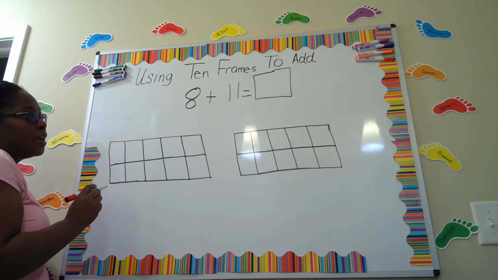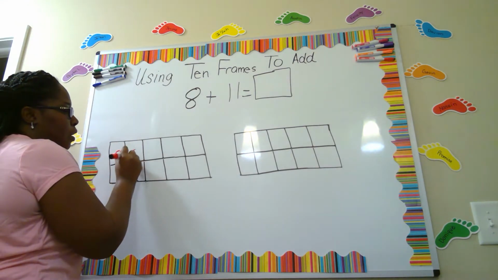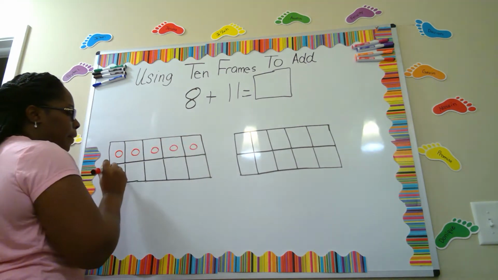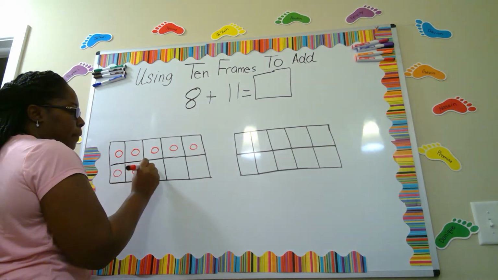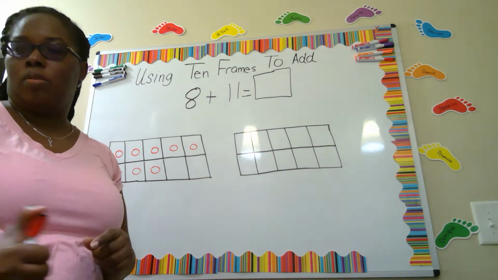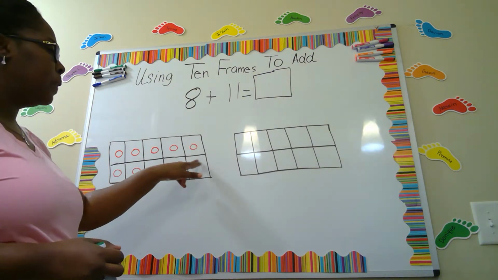So I'm going to go right here and show 8 counters. So 1, 2, 3, 4, 5, 6, 7, 8. Now I have to show 11 counters, okay? So I have 2 spots left here.